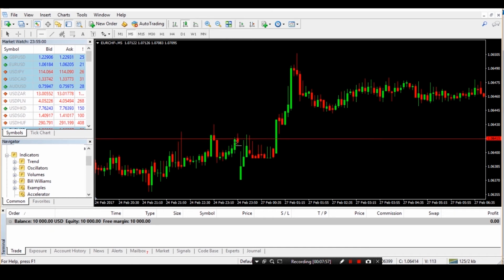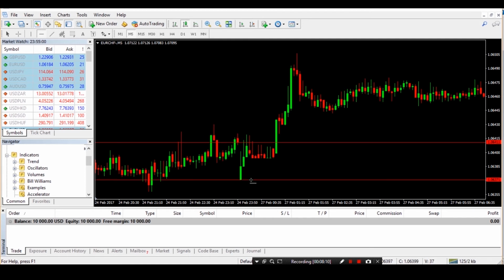So our gap is between the close of the candlestick before the gap and the open of the candlestick after the gap. So now we've got a bearish candlestick before the gap. So our close is at the bottom. And we have got a bullish candlestick after the gap, so our open is at the top. So the distance between our open and close is this space in between here.